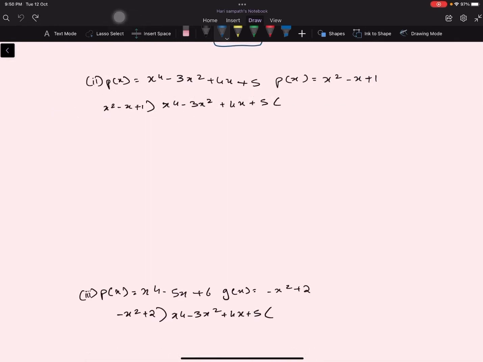So what do we have to multiply with x square in order to get x raised to the power of 4? We are going to multiply it with x square again, right? So x raised to the power of 4, and you're going to be getting minus x cube, which I'm going to be writing here because it's not going to be of use as of right now, plus x square.